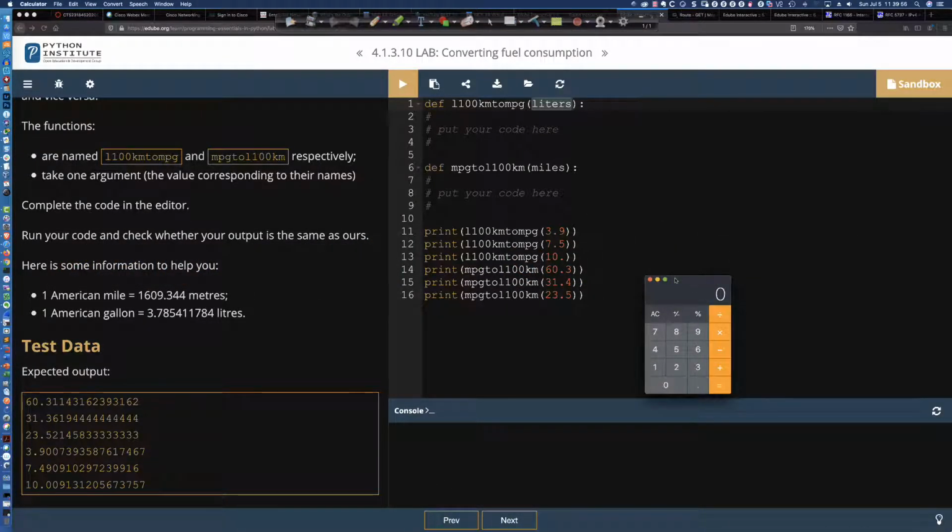So if I was to use the calculator, a single kilometer is 1,000 meters.